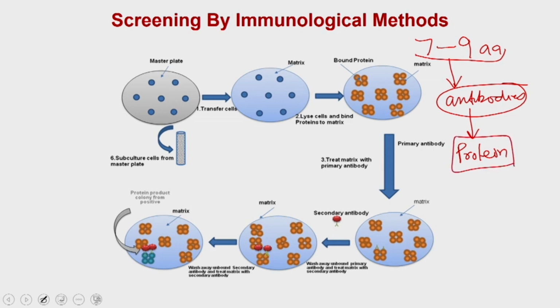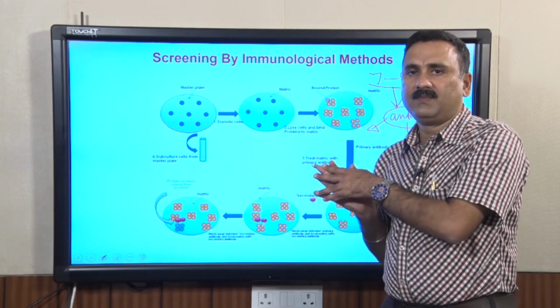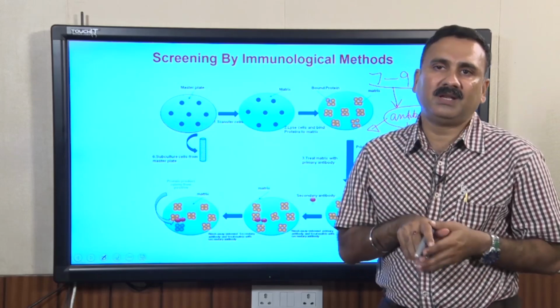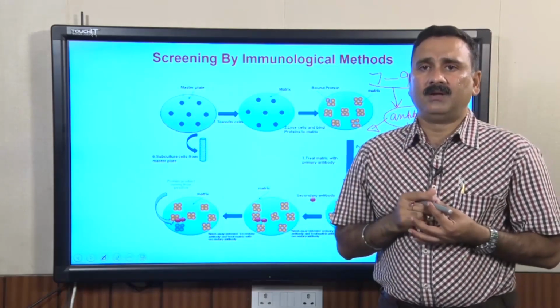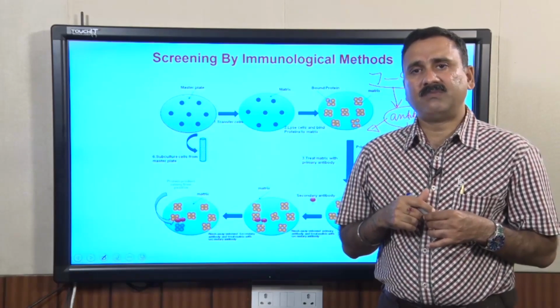So, that antibody can be used as an analytical tool. In this case, there are several similarities between the screening of the genomic library or the cDNA library by the immunological method and the DNA hybridization method.